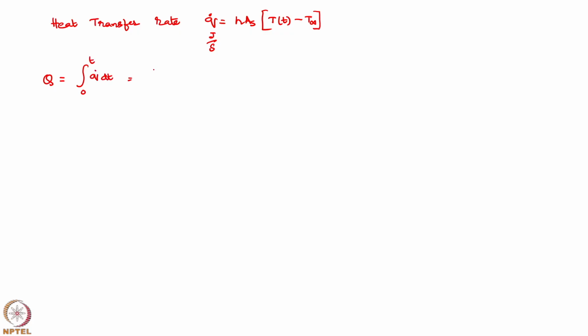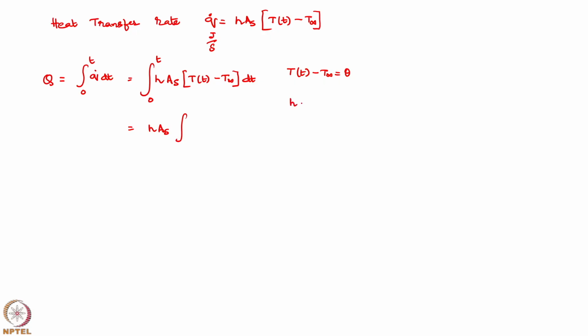So if I put this in, h A s T of t minus T infinity dt from 0 to t. Now T minus T infinity, if you recall, I have defined as theta. So h A s I can pull out of the integral because they are constant and not dependent on time.